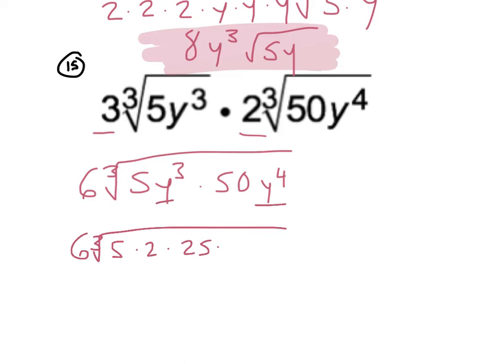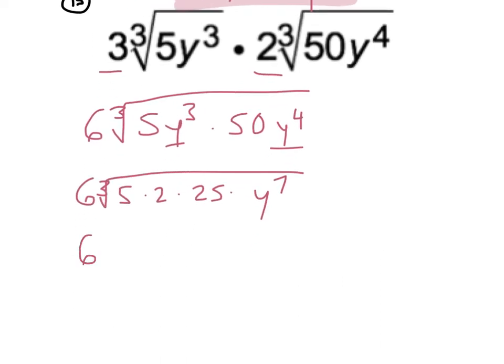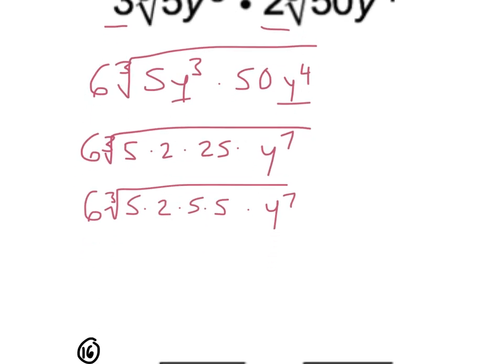And then we have 7 y's total. So I'm just going to leave it y to the 7. So we have 6, the cubed root of 5 times 2 times 5 times 5 times y to the 7. We have 6. And now I can just circle our pairs here.